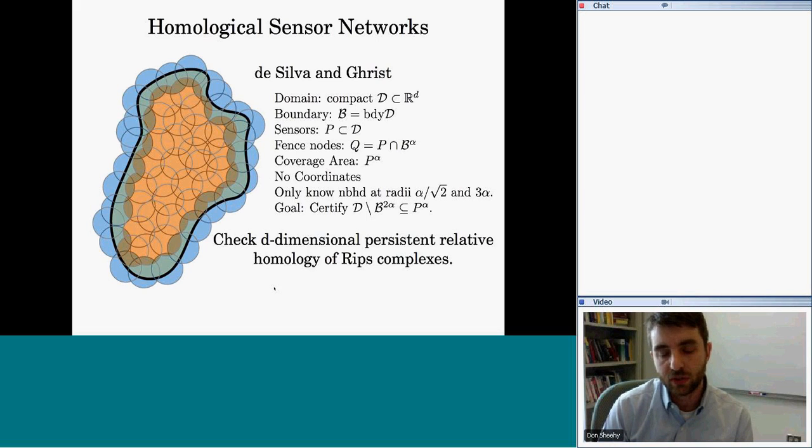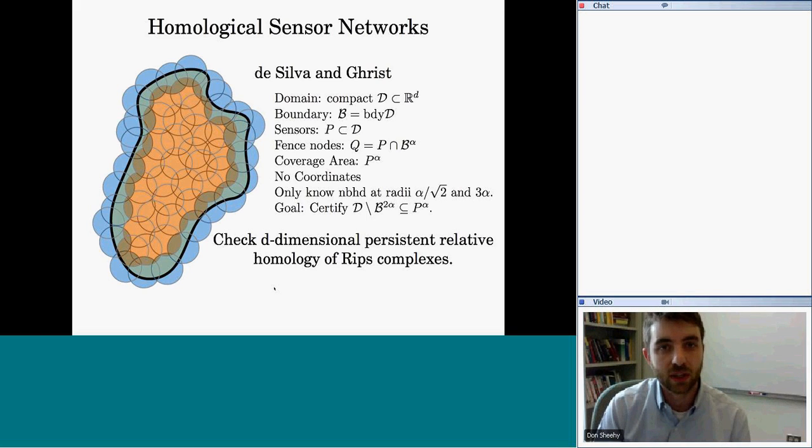The thing we try to do in this was to focus on this problem and to draw the connections between the homological sensor network results and the feature size results. And as we're only going to use one parameter, alpha here.